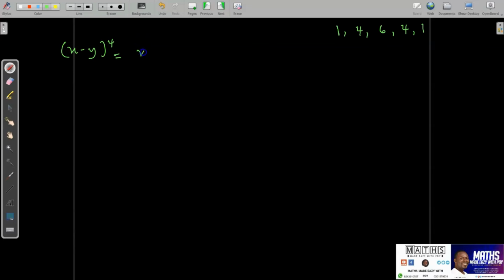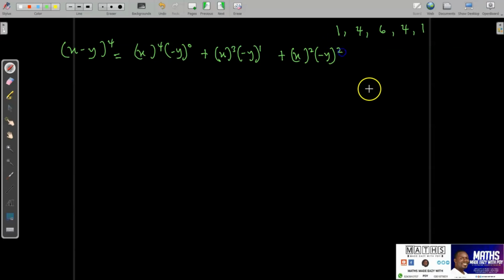So the first term will be x to the power 4 negative y to the power 0, plus, the first term is reducing in power, so that will give us x to the power 3 negative y to the power 1. The next term will be plus x to the power 2 negative y to the power 2.